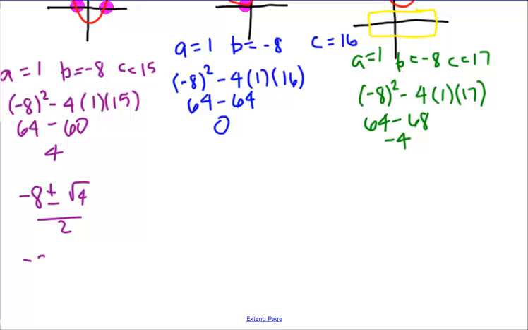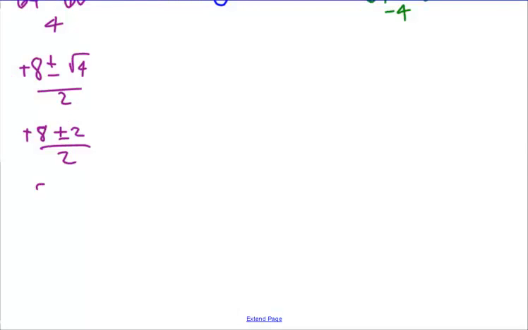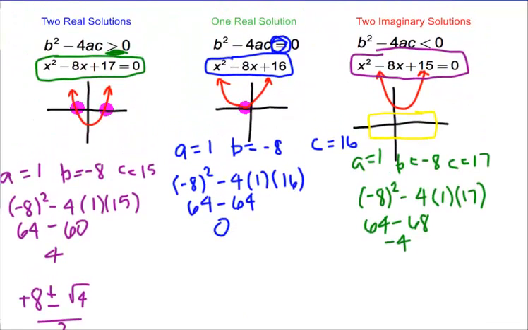This is going to be positive 8 plus or minus 2 over 2. What two problems am I working with then? I'm working with 8 plus 2 over 2 and 8 minus 2 divided by 2. So these are the two problems I'm going to work with. I get 5 and I get 3. My two solutions. And we know that from our discriminant.